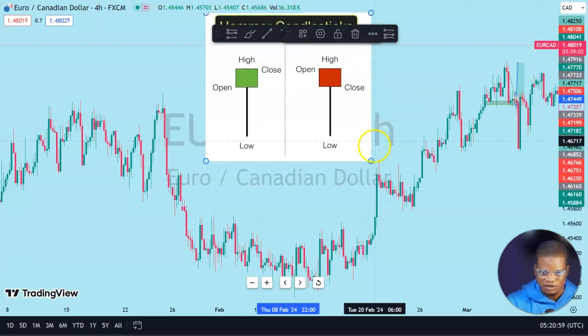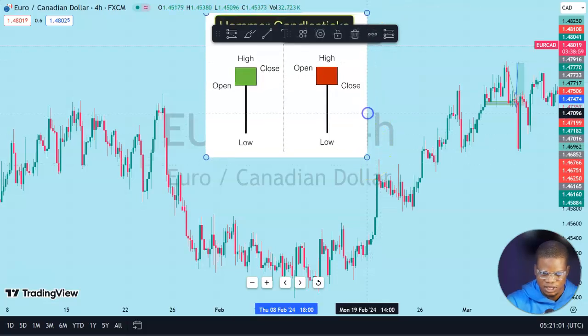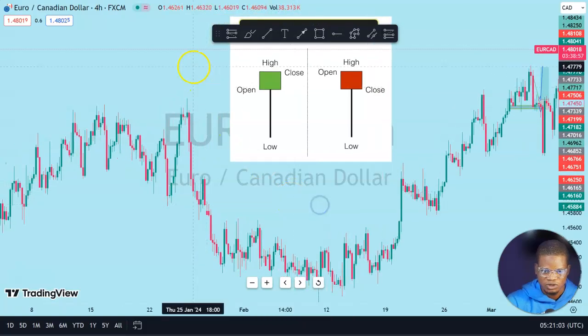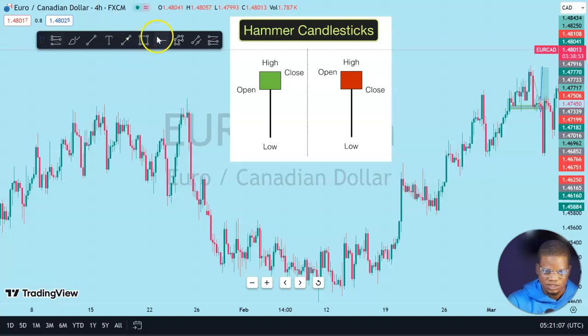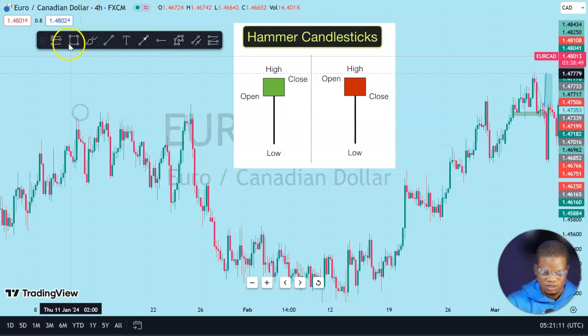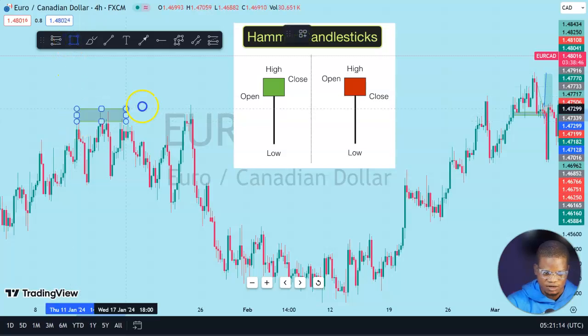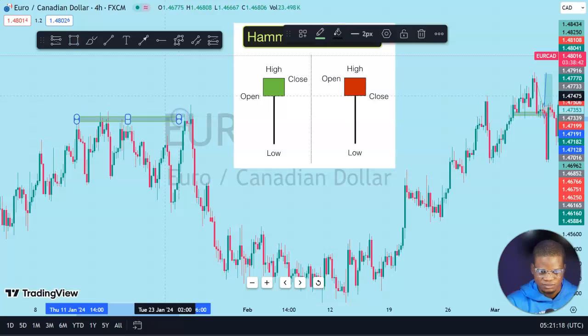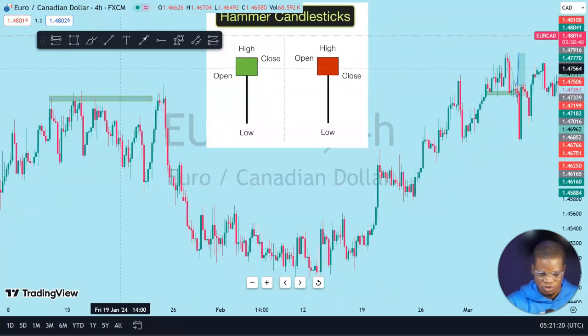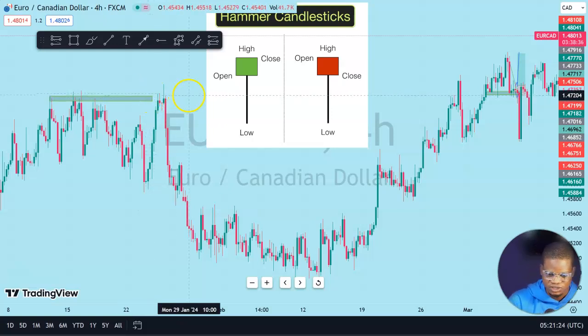Looking at this market, this area is an area of supply or resistance, right? This is an area of resistance where you are looking for an opportunity to sell the market. You sell the market if the market bounces off this area of resistance or supply.